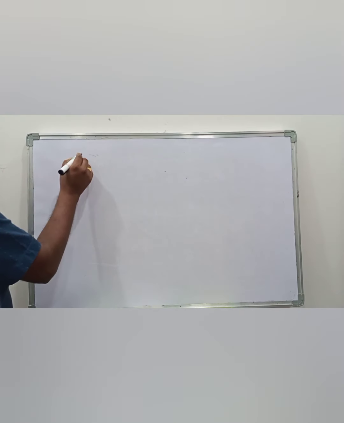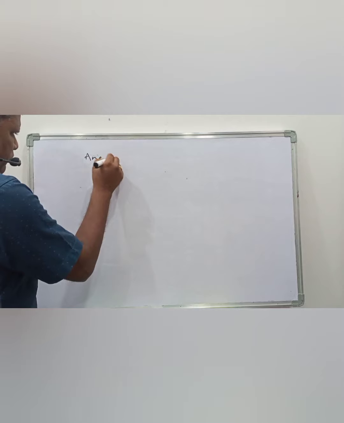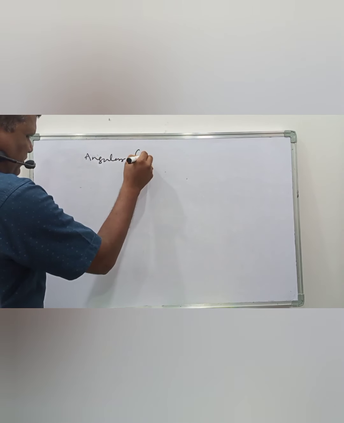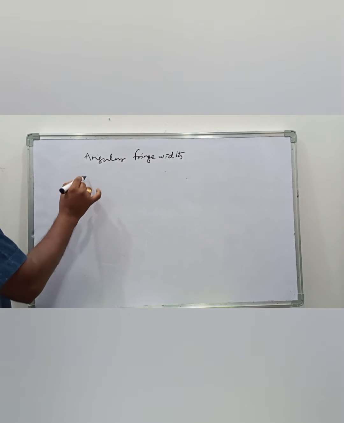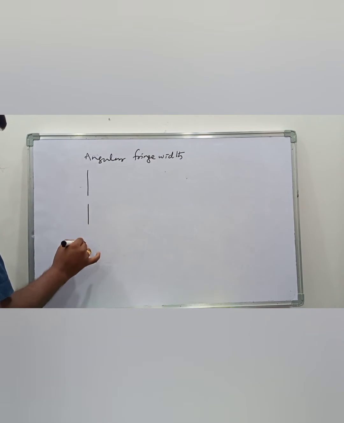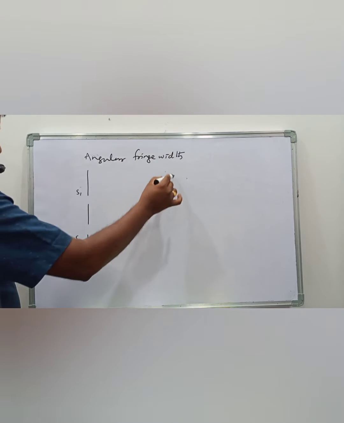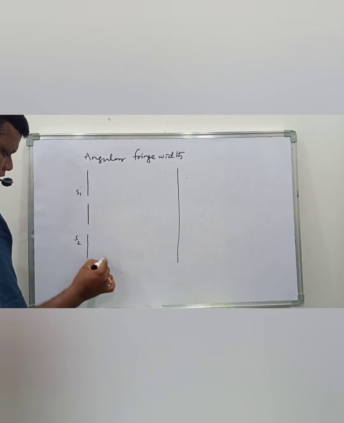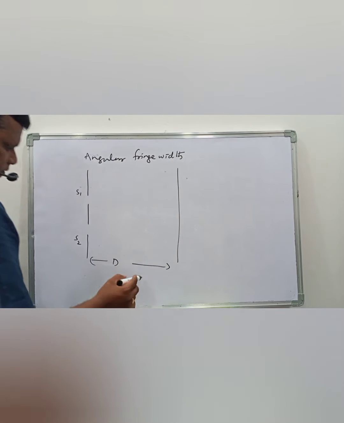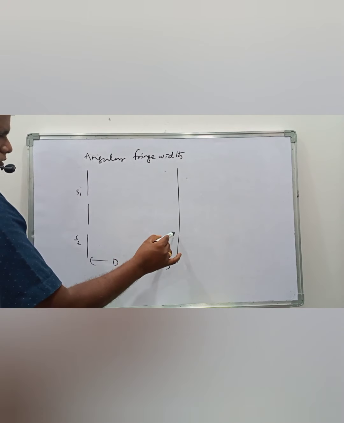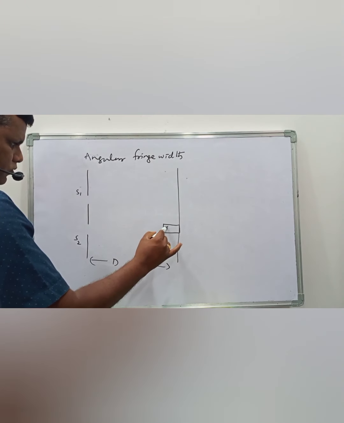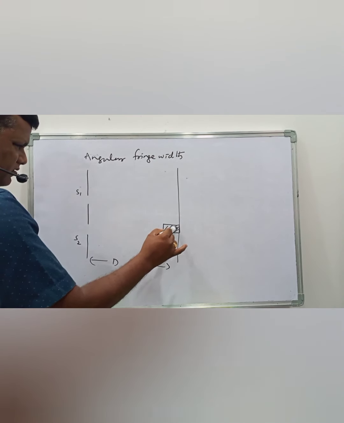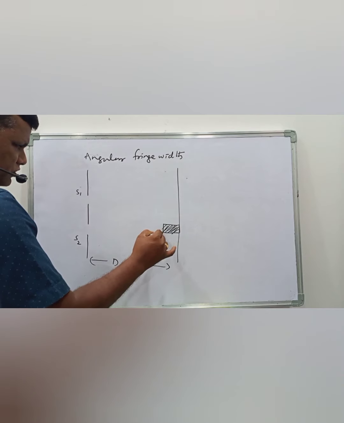Now we have angular fringe width. There are two slits on the screen separated by a distance d, right? We have two bands that appear.